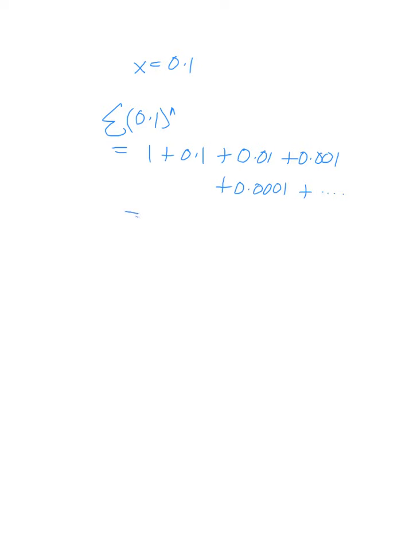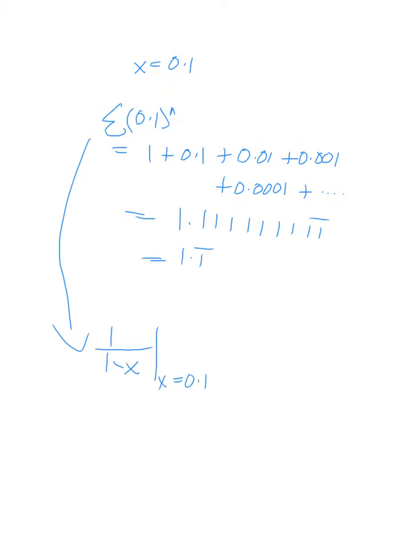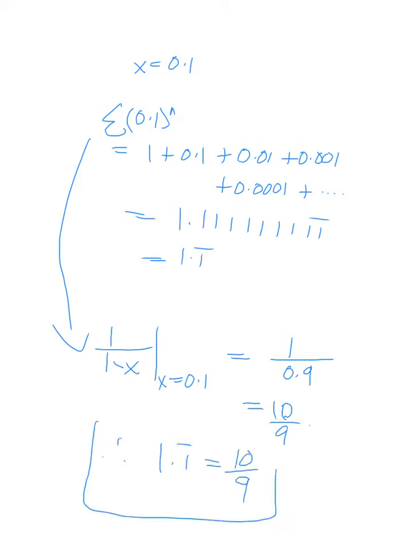So we end up with 1.111111111, which is actually equal to 1.1 bar. So the amazing thing then is if I use now the geometric series 1 over 1 minus x with x equals 0.1, I get 1 over 0.9. So this is also known as 10 ninths. So therefore, 1.1 bar is actually just 10 ninths.